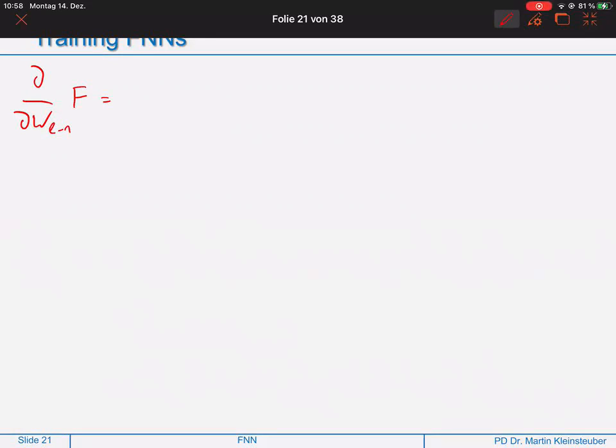The derivative of F with respect to the second weight matrix: we have to start from the outer matrix. So this is HL, evaluated at the last layer HL, then matrix multiplied with the diagonal matrix sigma L, and this is WL times HL minus 1. That's what we had.